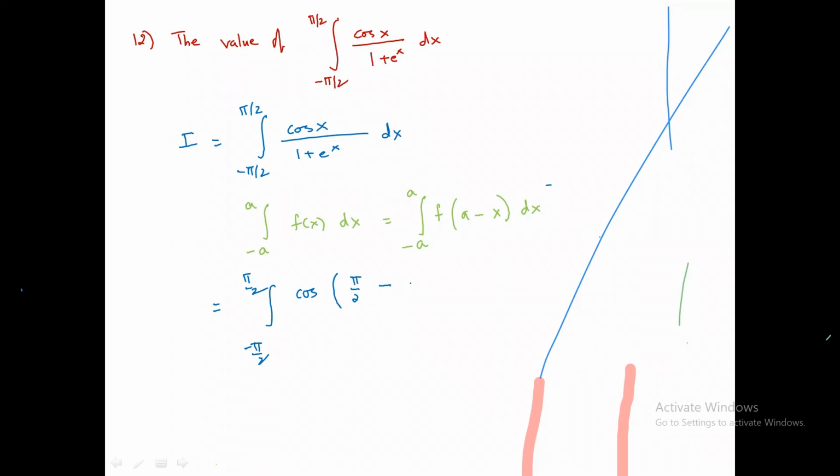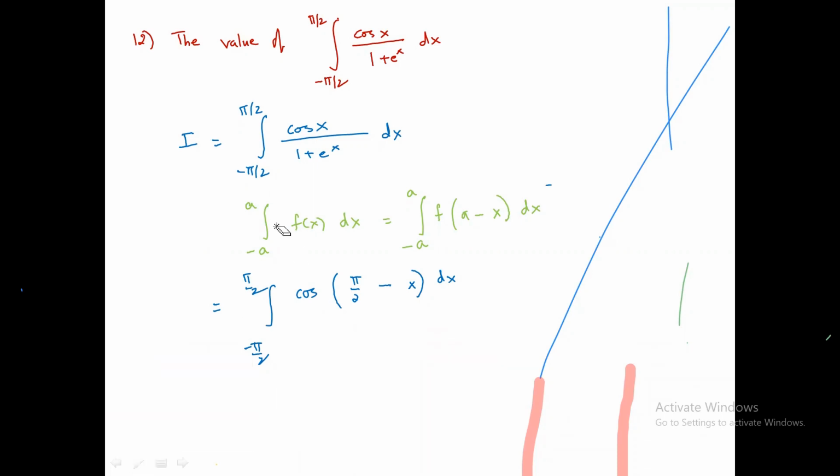In place of x, I have to write x only, dx. Am I clear? So if I write this, that is also not working. This part is also not helpful for me. I can easily guess because cos of pi by 2 minus x will be sin x. It is of no use for me.